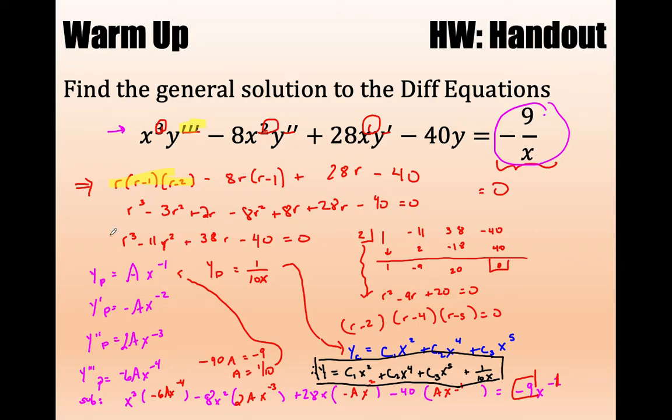But I would have gotten down here, right? Because remember, when you do method 1 or method 2 of Cauchy-Euler, you get to the same complementary solution. It's just a matter of whether you turn these into coefficients on your x's after you factor.